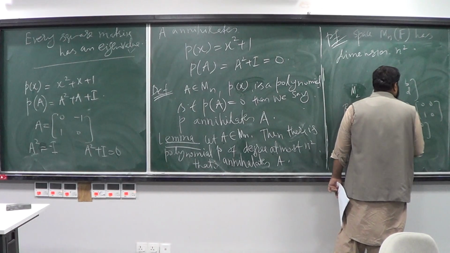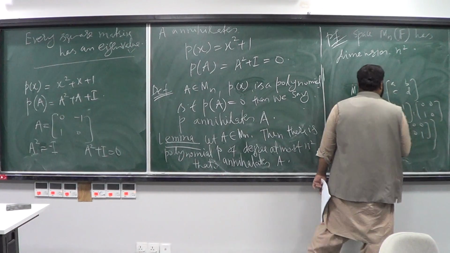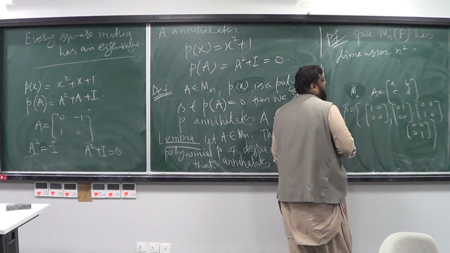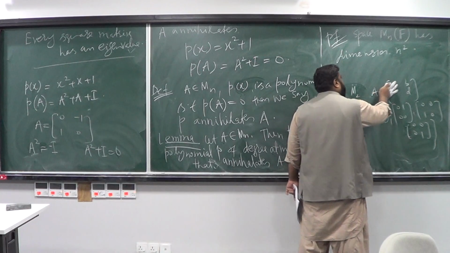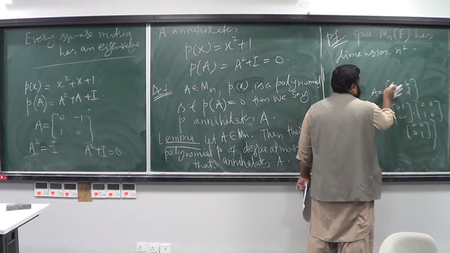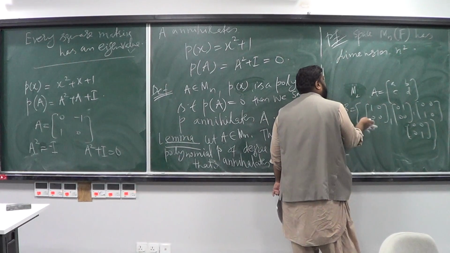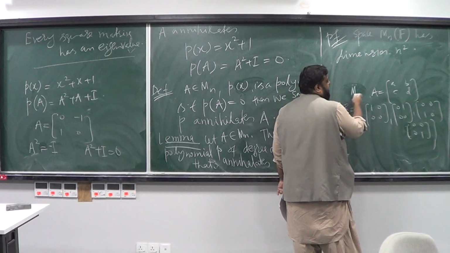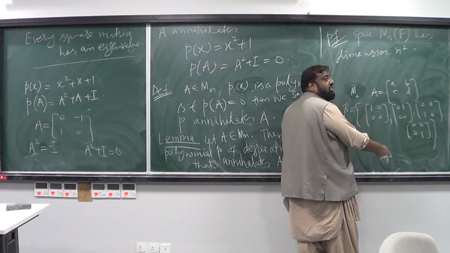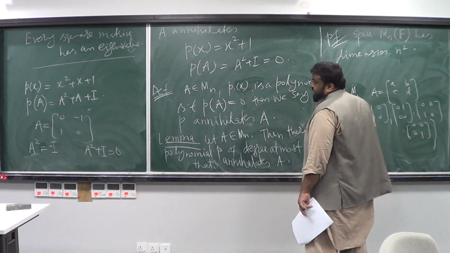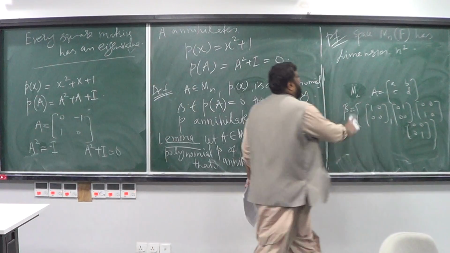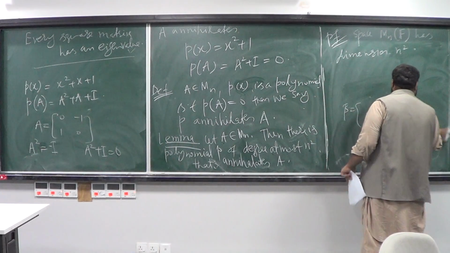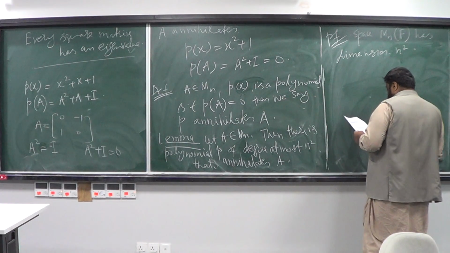So there are 4 matrices which form the basis of M2. So if you have n by n matrices, there are going to be n square such matrices forming the basis of Mn. Therefore the dimension of M_n(F) is n square.